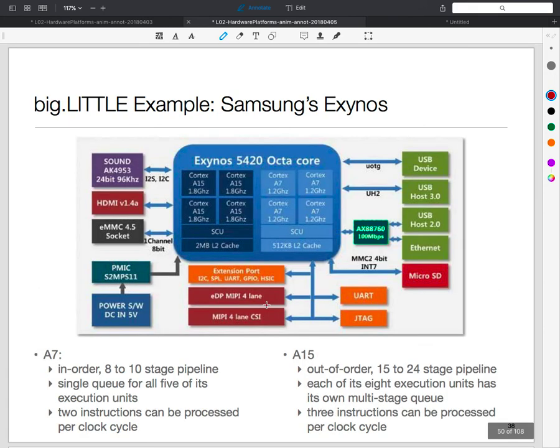So if you see, I have 4 little cores and big cores. In fact, the way this chip works is a pair of little and big is sort of coupled together, and I have 4 such clusters. In the lowest power mode, I will have 1 little on.